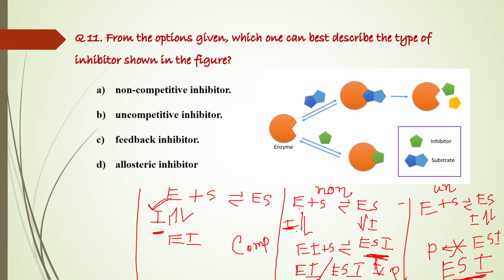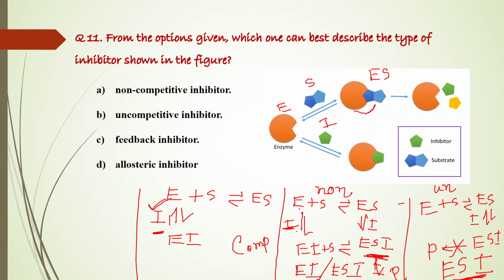We can see that the blue one is your substrate. The blue one is interacting and giving you the product. But for the green one, if it was uncompetitive inhibition, then this one is the ES complex: this is your substrate, this is your enzyme, this is your inhibitor.